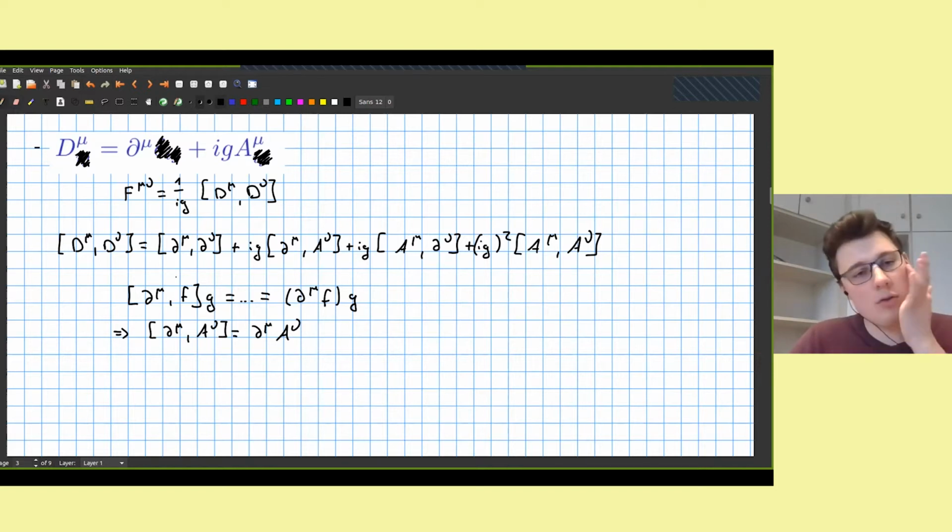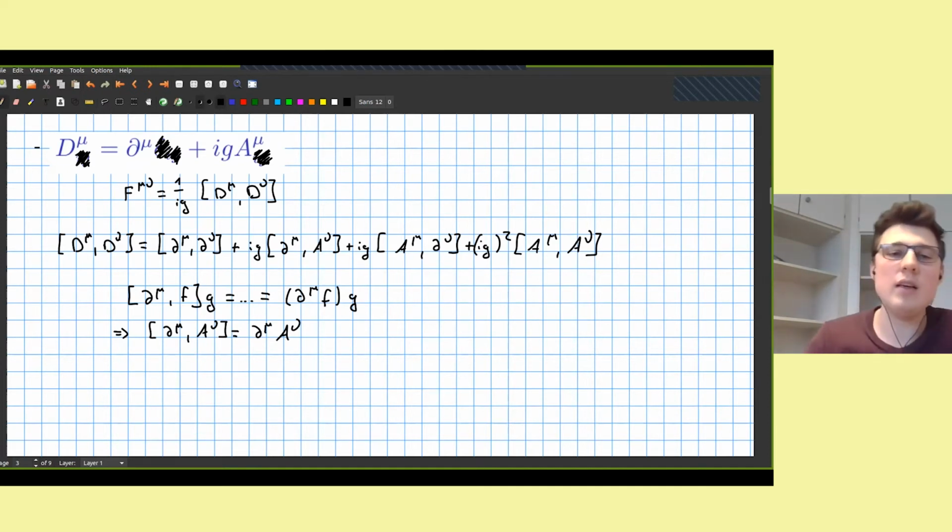But of course, one should always keep in mind that we're talking about operators here. The commutator of two derivative operators is of course again an operator, so ultimately we apply this onto some function. But again, in this context, that's not that relevant. Okay, so that's the second term on the right-hand side above.